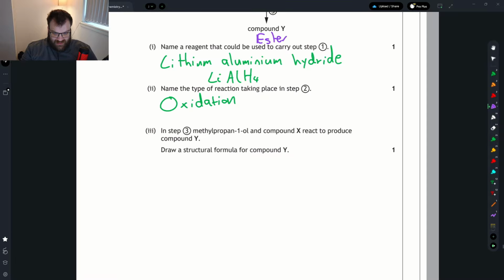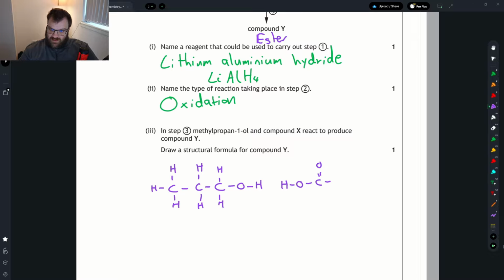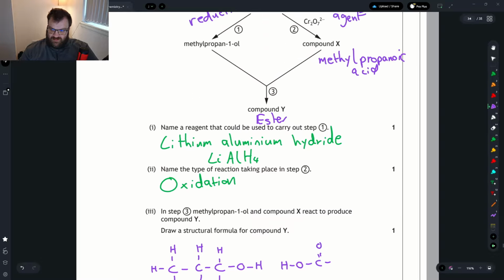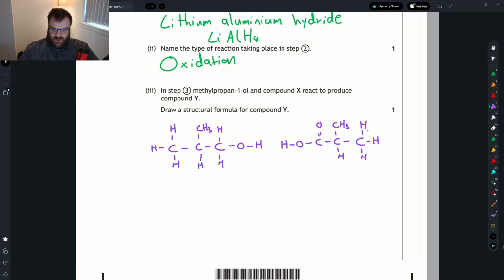Now, how I would sketch this out. So we point our functional groups at each other. Oh, and then it was, what was it again? Methyl propanoic acid. We need to remember that we're going to be making water when we're making an ester.